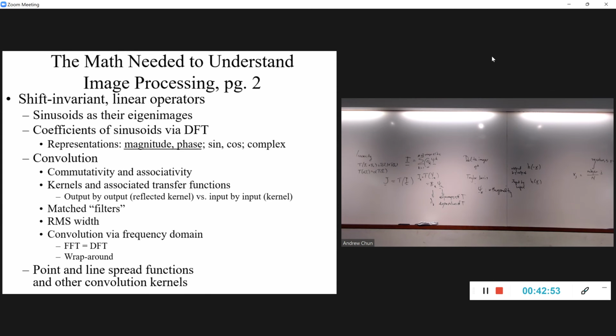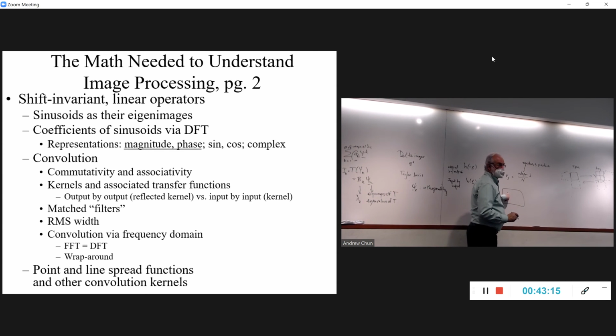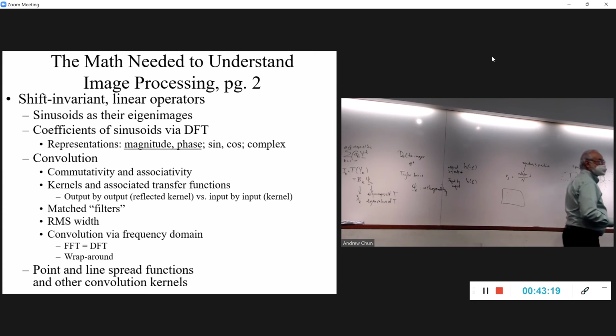Okay, so you have an image, and you're asking what the result is at a particular result pixel. That's output by output. Input by input says I have a particular input pixel, and how does it affect the output? That's clear?